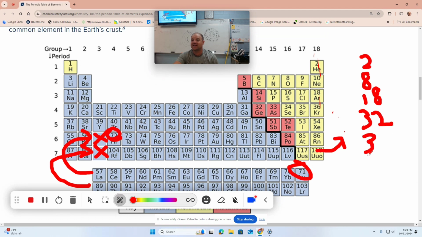It'd be 32 again because there's 2 rows like that. And then it would be 18. And then it would be 8. 7 rows because this is the 7th row. So 7 rows, 7 rings. Okay? Whew! Now, that should help you understand where the electrons go.